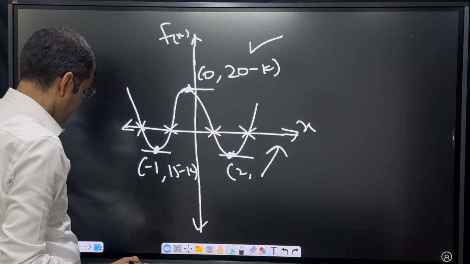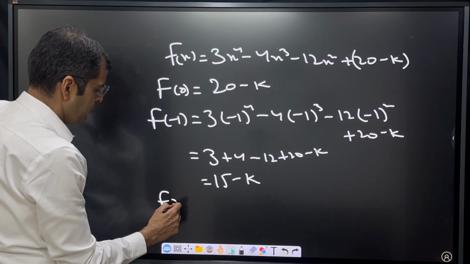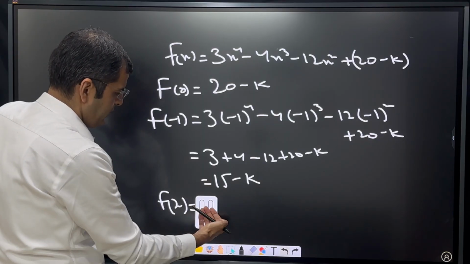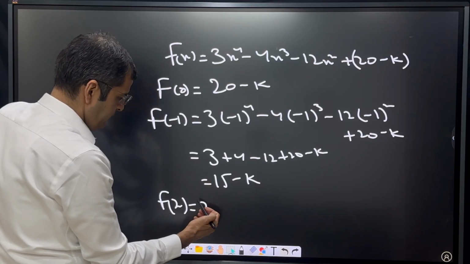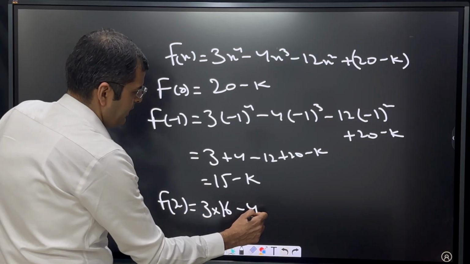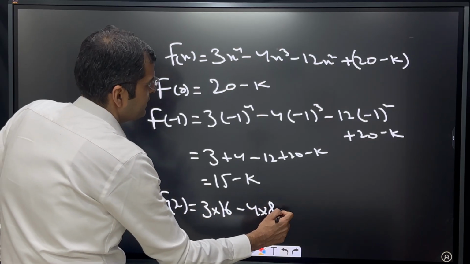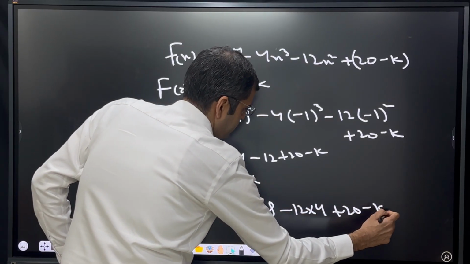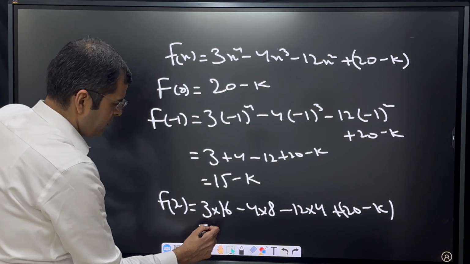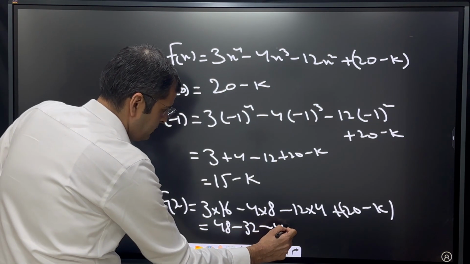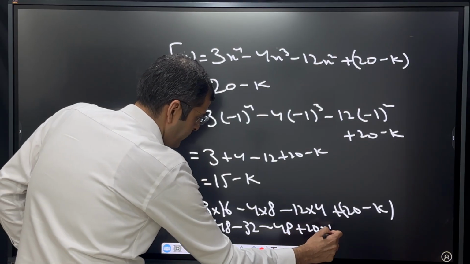And if I put x as 2, f of 2 will be what? 3 into 2 raised to 4, that is 3 into 16. Minus 4 into 2 cube, that is 8. Minus 12 into 2 square, which is 4. Plus 20 minus k. So that comes out to be 48 minus 32 minus 48 plus 20 minus k.